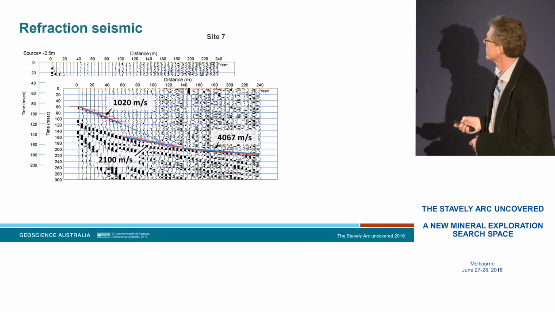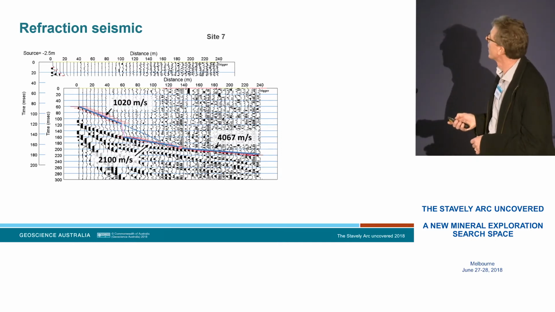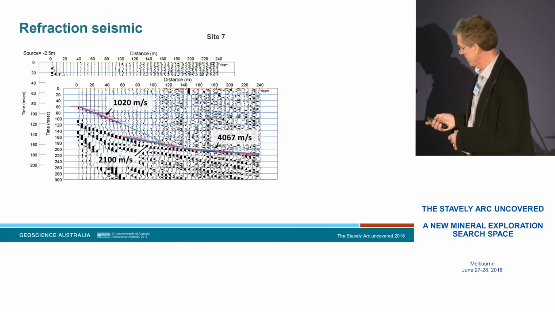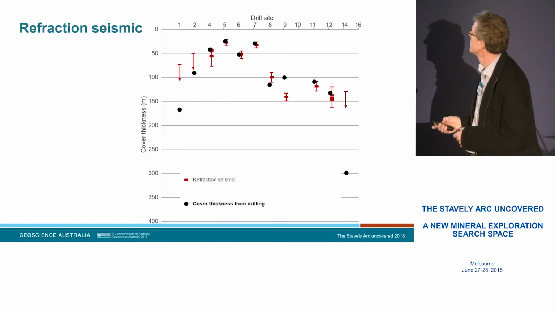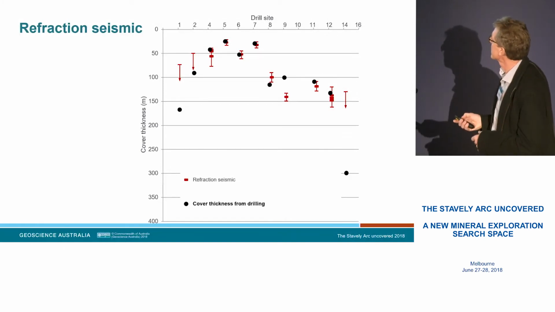We've got two fairly lowish velocity refractors from interfaces within the sedimentary sequence. This is at Site 7, within the Murray Basin. And you've got a higher velocity refractor, which is a reasonable basement rock velocity. So that's your top of basement just there. From this information, you can model your cover thickness, which is what we did, and again, it's done a pretty good job.